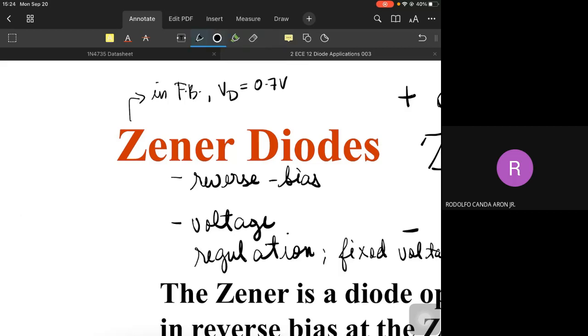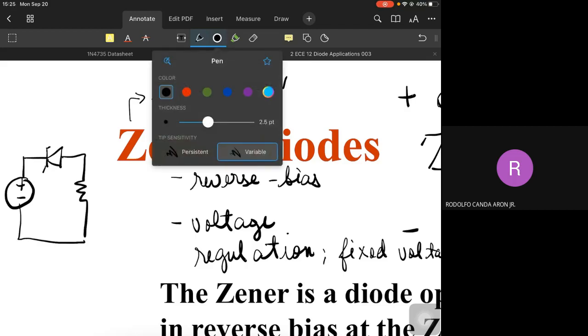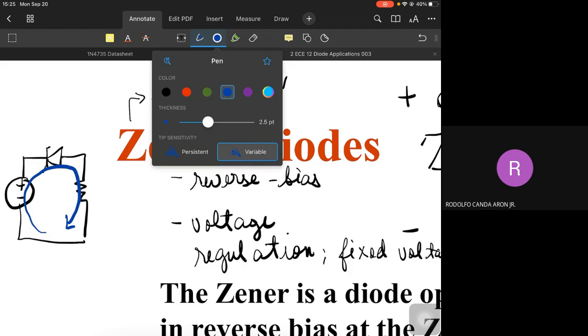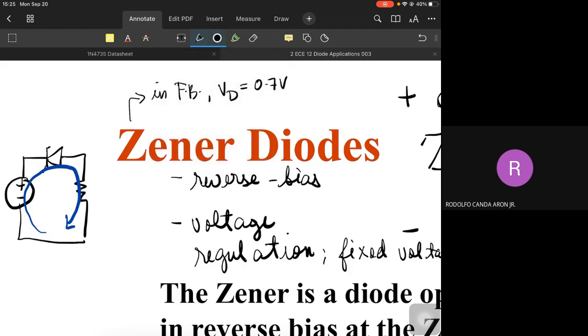But, if we use it sa iyahang reverse bias na mode, like this one, no? Nagyapoy current nga mag-conduct sa circuit. So, in any case, whether naka-reverse bias ang Zener diode or naka-forward bias, current will conduct. Okay? Lahi lang ang values nila sa ilahang VD.